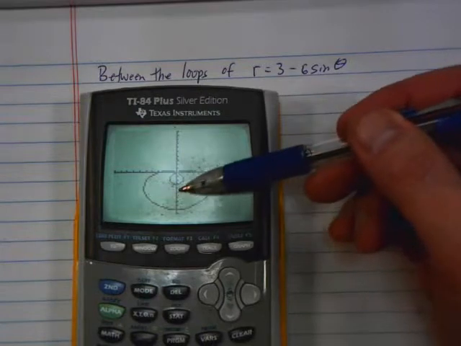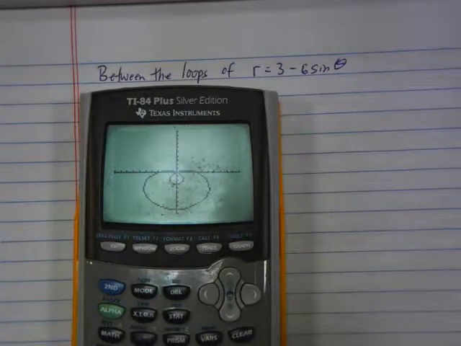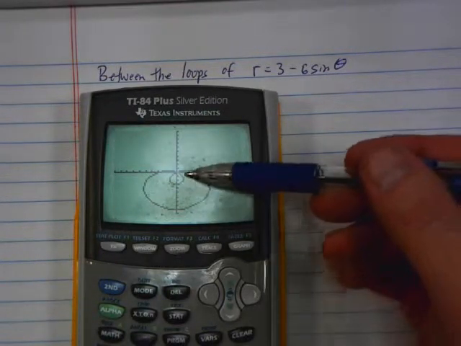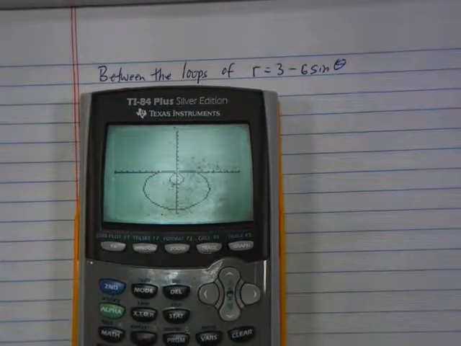So I think the best way to do that is to find the area of the big one, then find the area of the little one, and subtract my two answers.